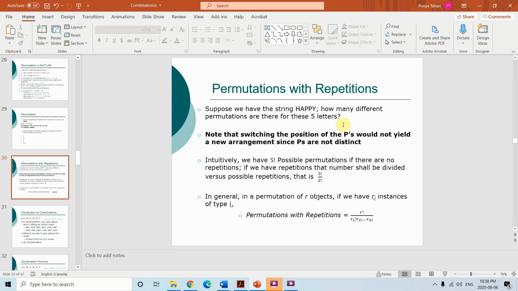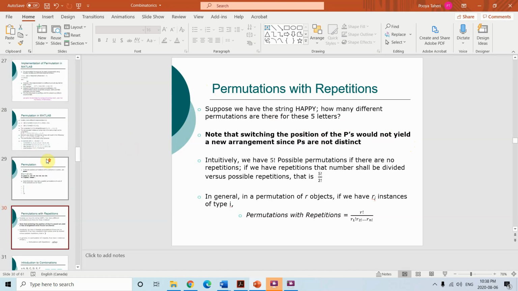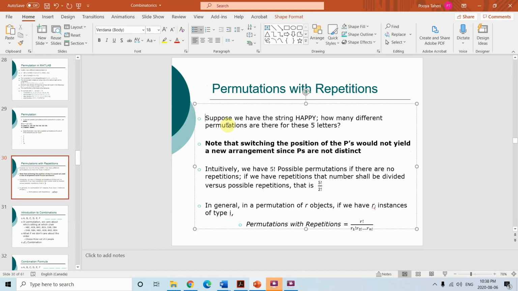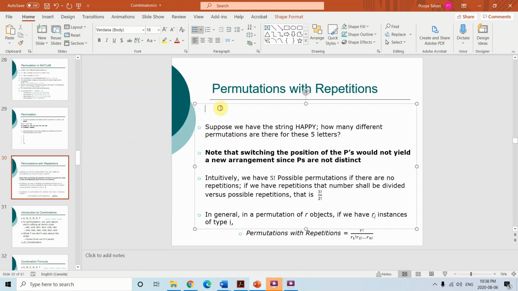Okay, so let me ask you this question. How many different permutations can we have out of the letters in this word, ABC?